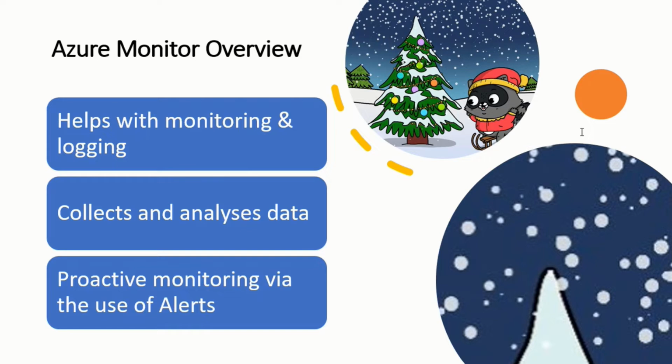Next, it helps you to collect and analyze data about the various resources we have up on Azure so that you're able to improve the performance of those resources. It also helps you with proactive monitoring via the use of alerts. When certain conditions are met, it triggers a certain action to happen.